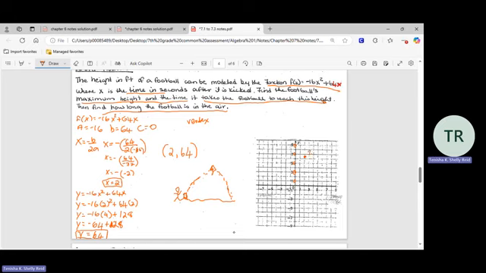Is my vertex at (2, 64). And the axis of symmetry goes through the vertex. And we know that the y-intercept is 0. And I reflect it, it is going to come right here.